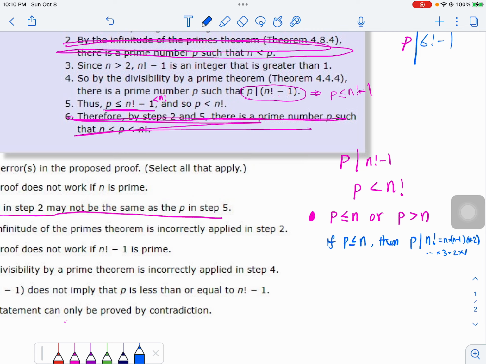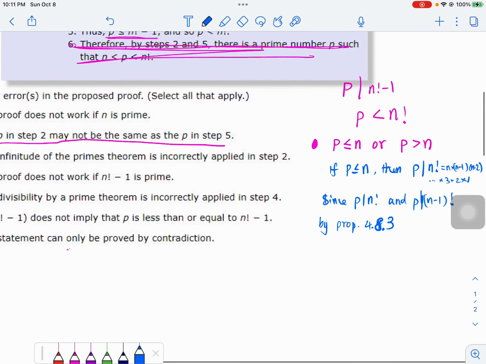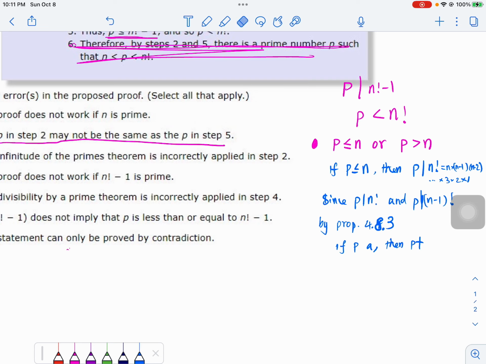Now since p divides n factorial and p divides n factorial minus 1, if you look at the book, the proposition 4.8.3, which says: for any integer a and any prime p, if p divides a, then p does not divide a plus 1.